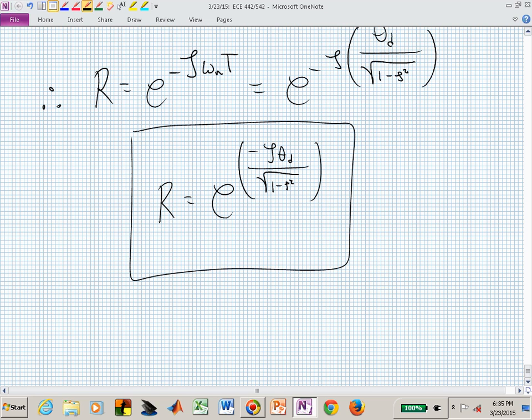And r is now expressed in terms of zeta and theta sub d. Theta sub d was given, and now this r allows us to plug in what we need.